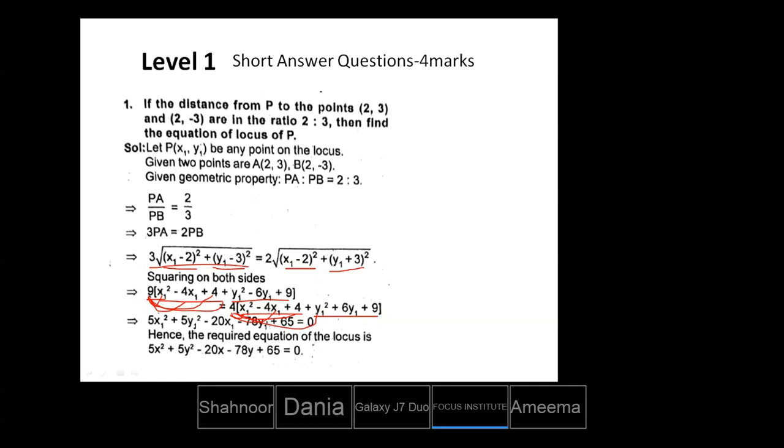Then take this all to that side, then it will become minus over here, and you will get the answer as 5x1 square plus 5y1 square minus 20x1 minus 78y1 plus 65. The last step is we have to write x instead of x1. So the required equation will be 5x square plus 5y square minus 20x minus 78y plus 65 equals 0.